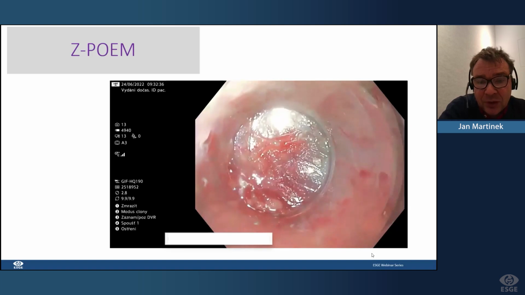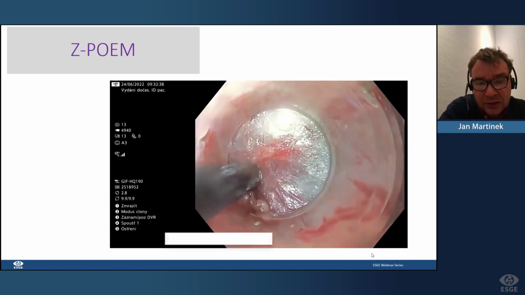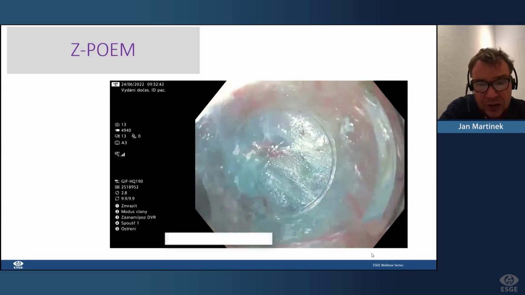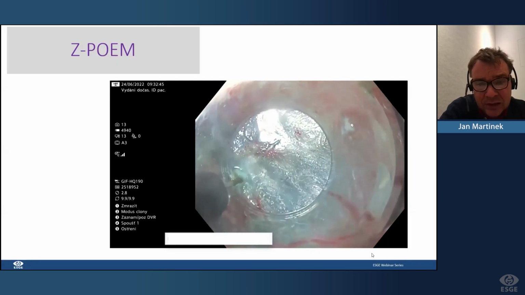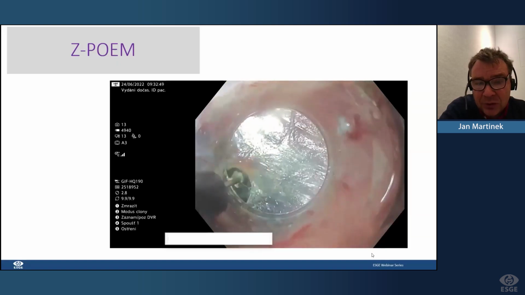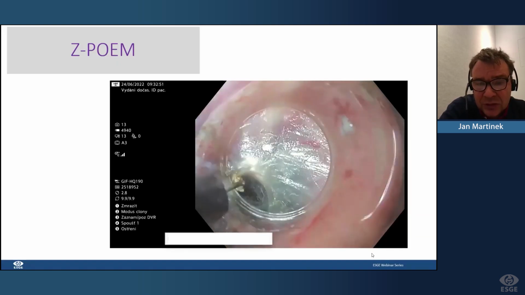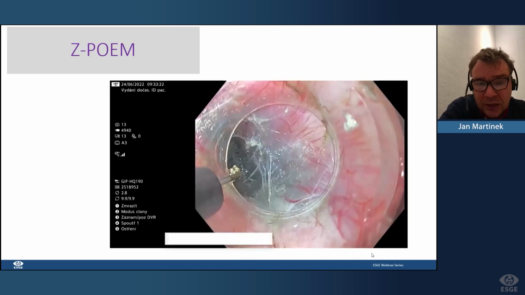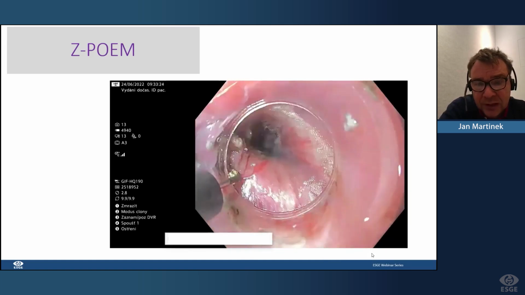And the aim of Z-POEM is to create first two tunnels. The first one is between the septum, which is the cricopharyngeal and esophageal muscle, and the esophageal mucosa. And as you see, this is the submucosa between the septum and the esophagus. And we are creating, by using spray coag, the first tunnel.